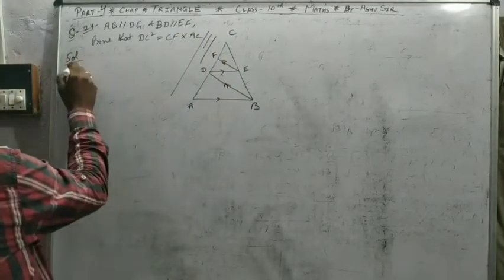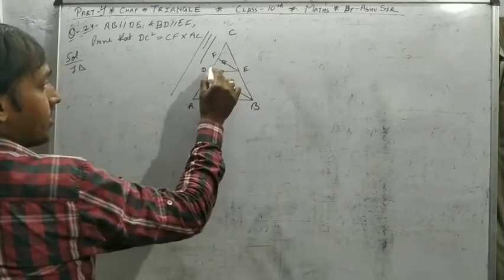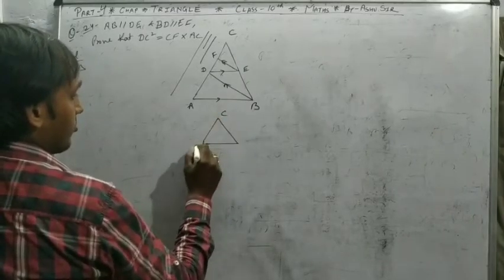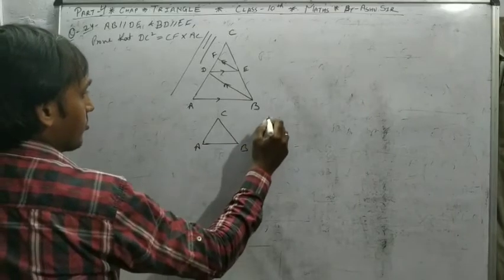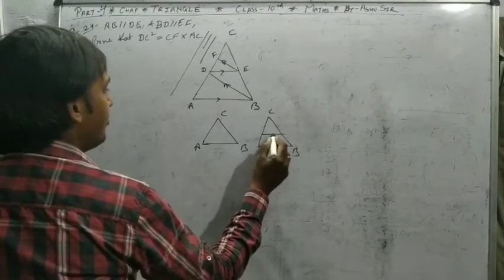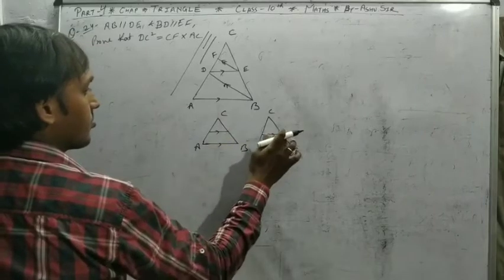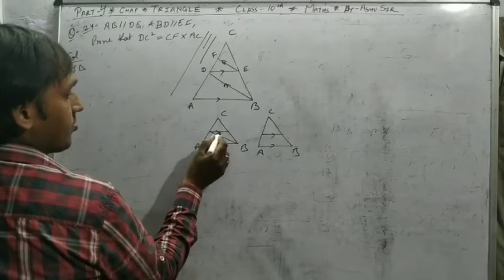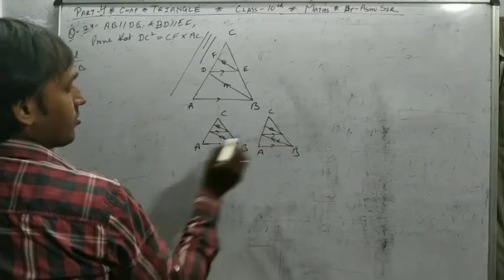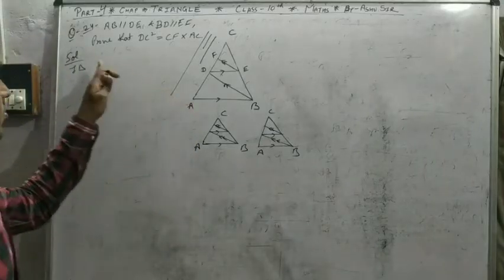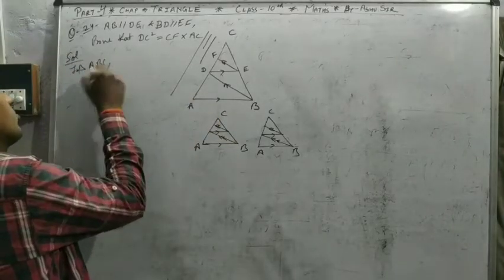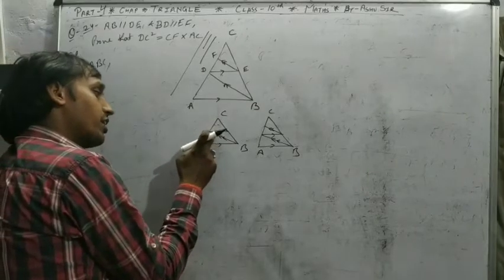In the triangle, for the first parallel line, for first we take triangle ABC, and in ABC we only take this part.